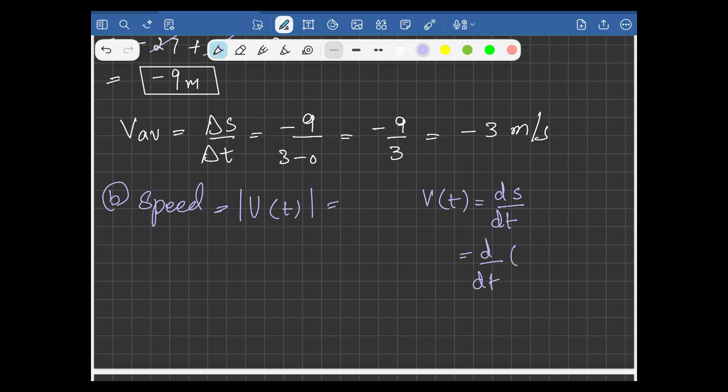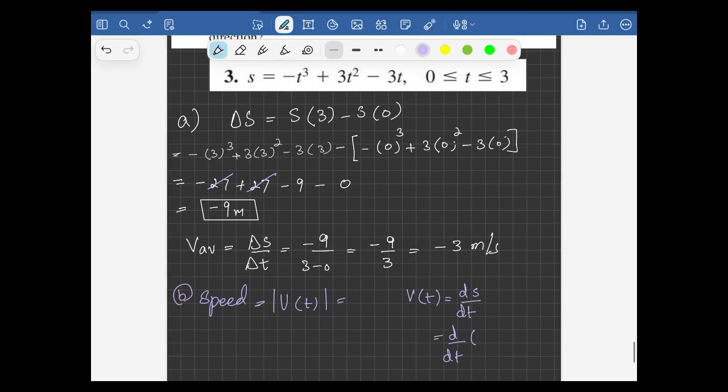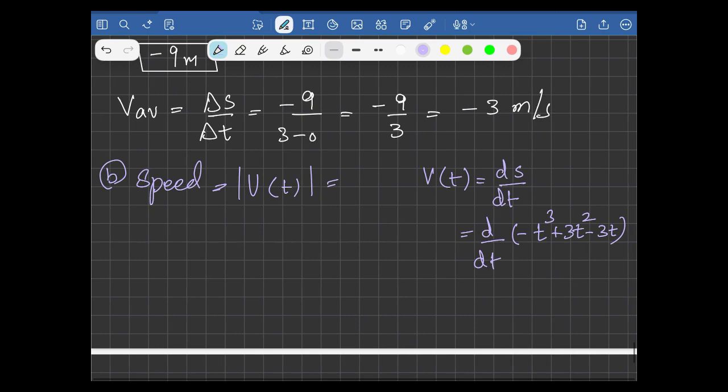Our function given here is minus t cubed plus 3t squared minus 3t. So let's find its derivative.